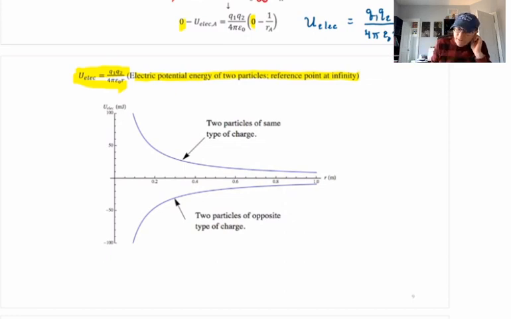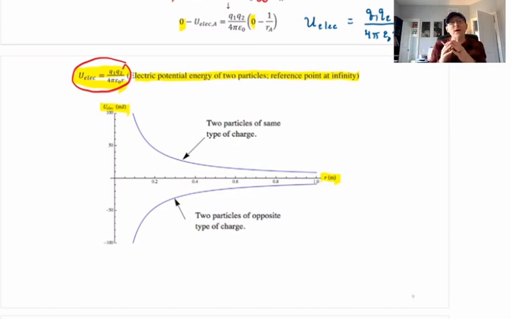And here I made a graph of U electric. It happens to be in millijoules versus R in meters by plotting that very function. But I did plot it for two cases, because the sign of the U electric depends upon the sign of Q1 times Q2. And charges can be negative.